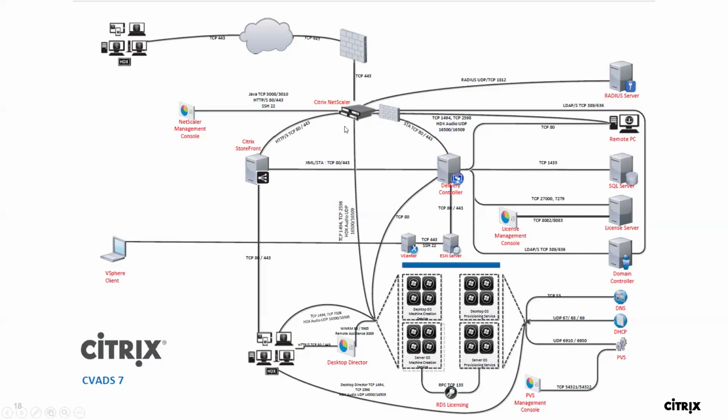How do they access? First they communicate with the domain controller. Once authentication is done, they can access applications. Once the user logs in with the Netscaler Gateway, the request comes to the domain controller, which validates the user ID and password. Once validation is done, it goes to the web server, then to the delivery controller, like that. There is a process.